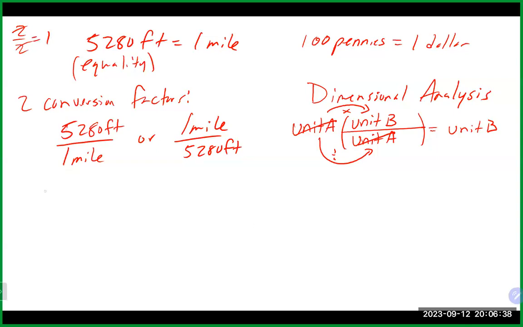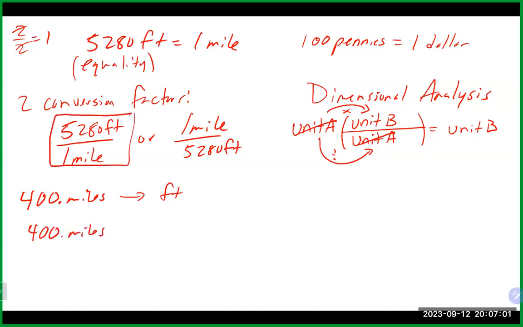So if we had something like we walked 400 miles, and we wanted to know, I'll put a decimal point there, how many feet that was. We would set this up with 400 miles, and we would want to use a conversion factor where we see the opposite there.